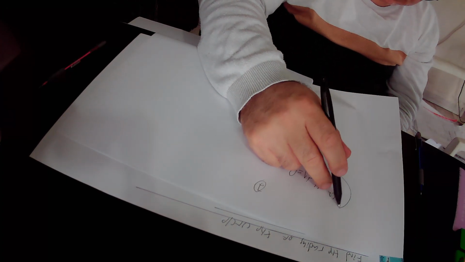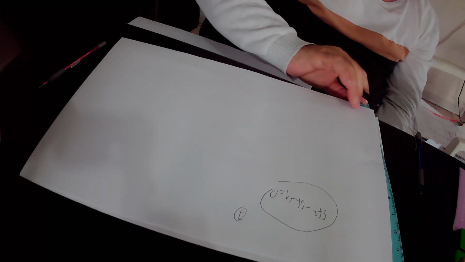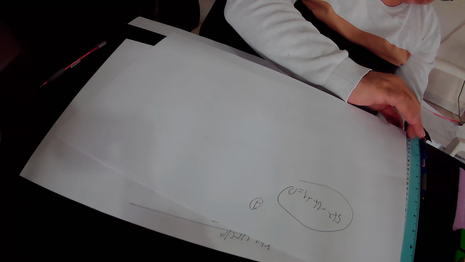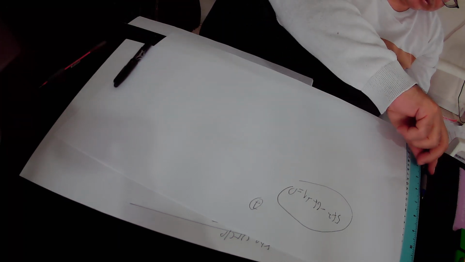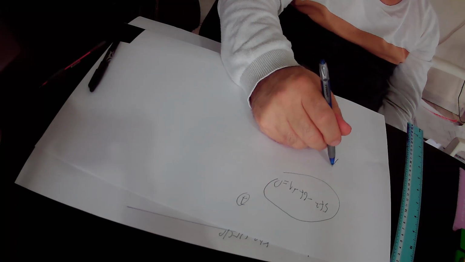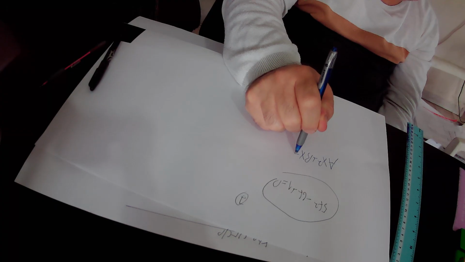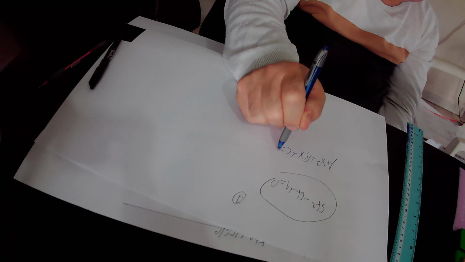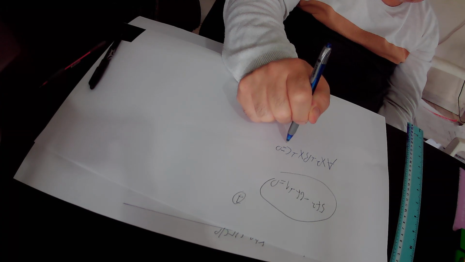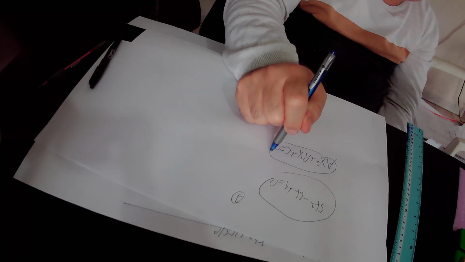So this is a quadratic equation, and the general formula for a quadratic equation is ax squared plus bx plus c equals 0. This is the formula.